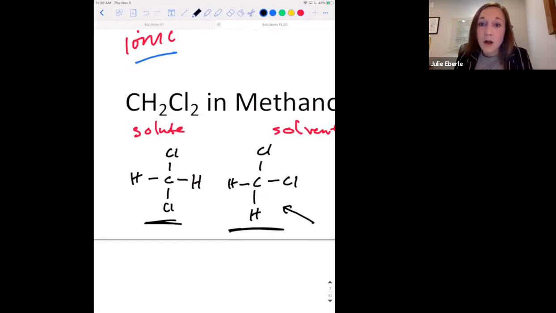And this is a nonpolar molecule because if these carbon chlorine bonds are polar, we could draw dipoles pointing towards chlorine. And guess what? Those dipoles cancel out. So CH2Cl2, that's why I think it's important to draw the Lewis structure, even for simple molecules. This is nonpolar.